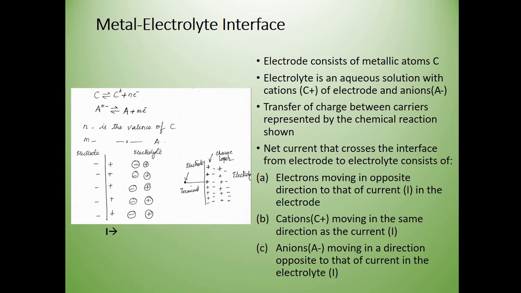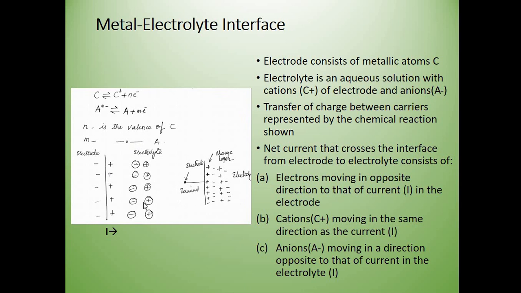Now, transfer of charge between carriers represented by the chemical reaction is as shown in this clip. So we find that the metallic atoms can dissociate as cations and electrons, while the anions can convert into atoms and electrons. N is the valence of the cations and M is the valence of the anions.